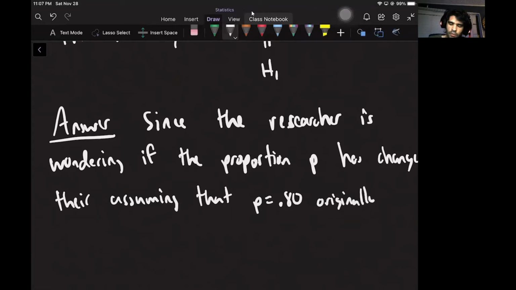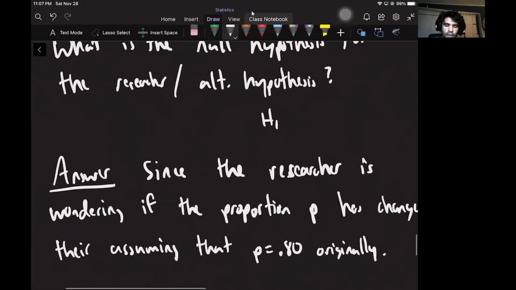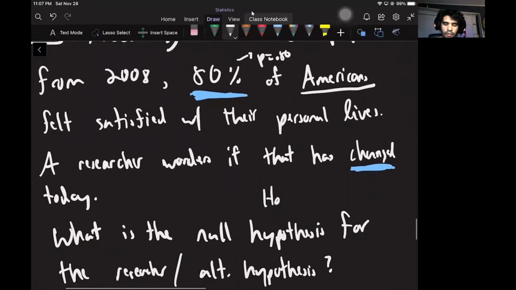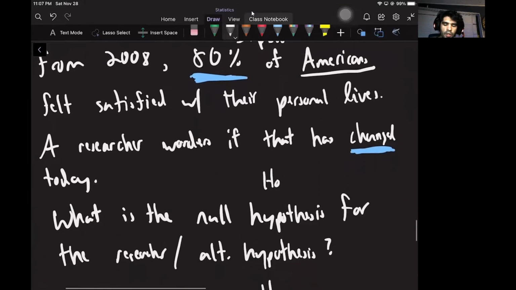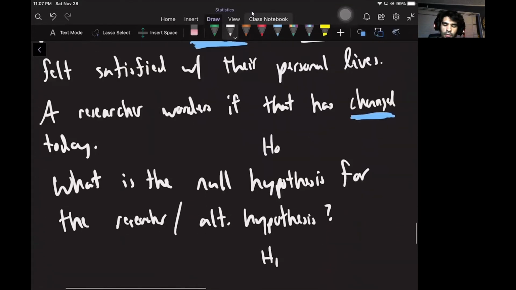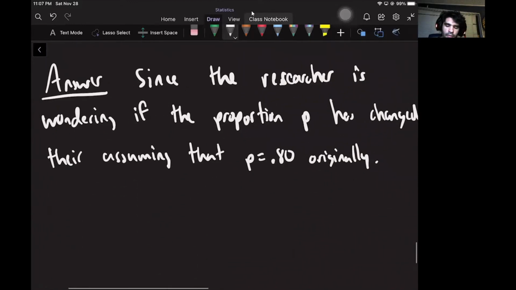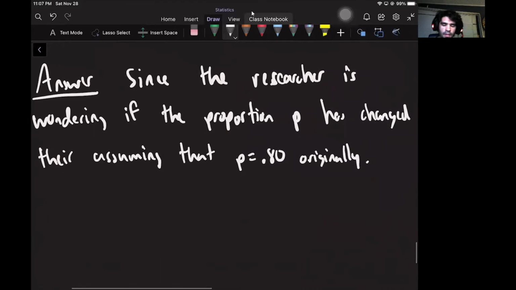Because in order to wonder if it's changed, you must be pretending that 80% is already correct. I hope that makes sense. You can only wonder if it's changed if first you accept that 0.8 was correct in the first place. So they're assuming that P equals 0.8 originally.